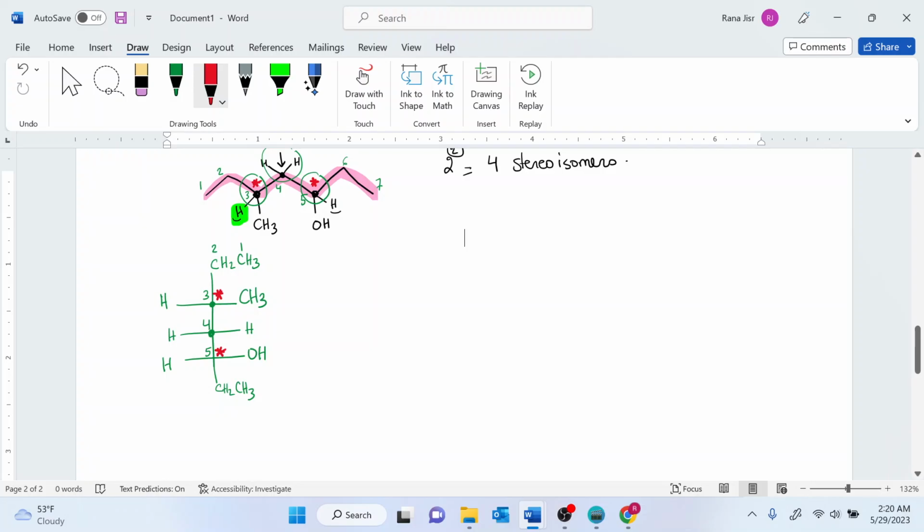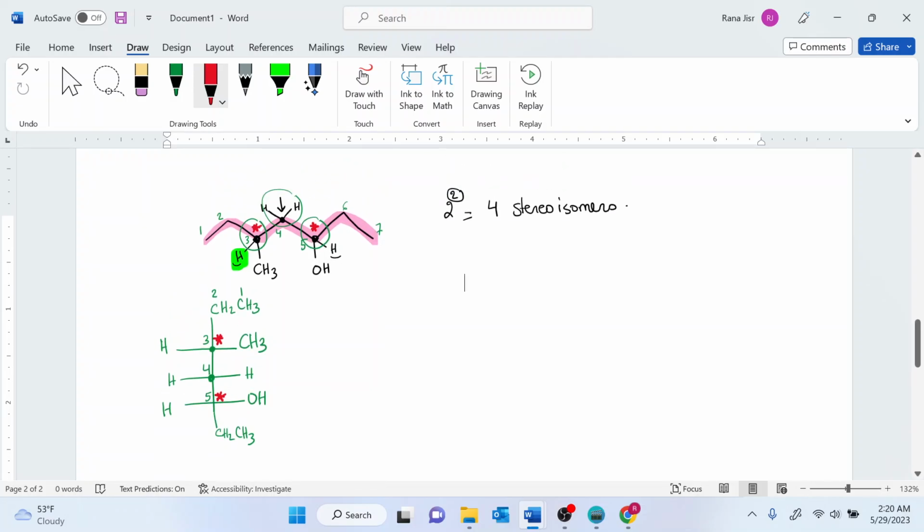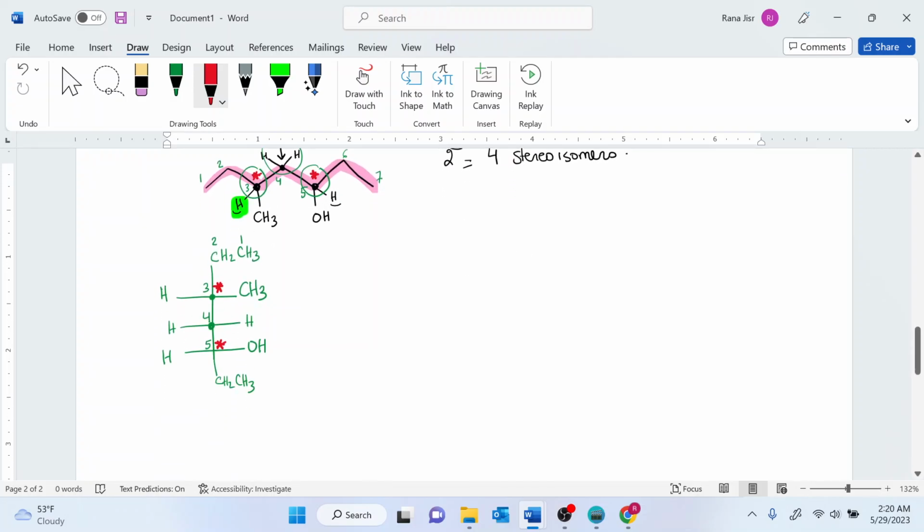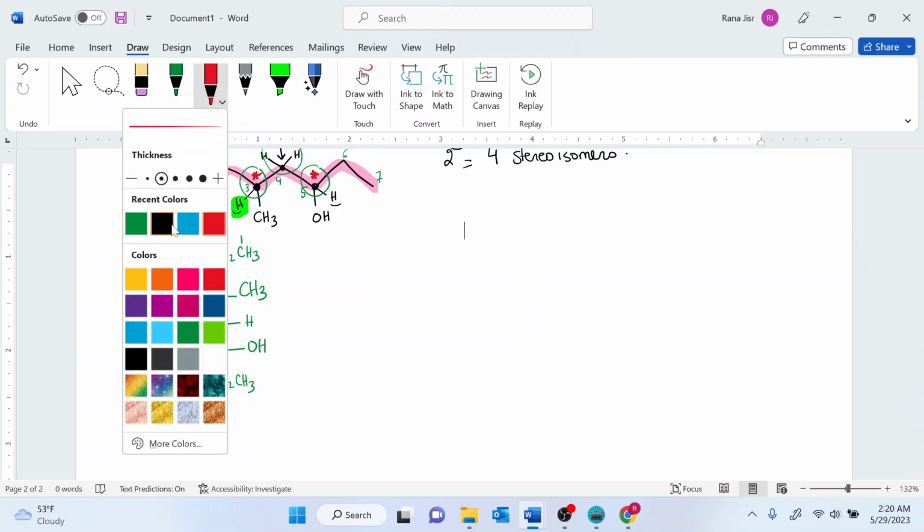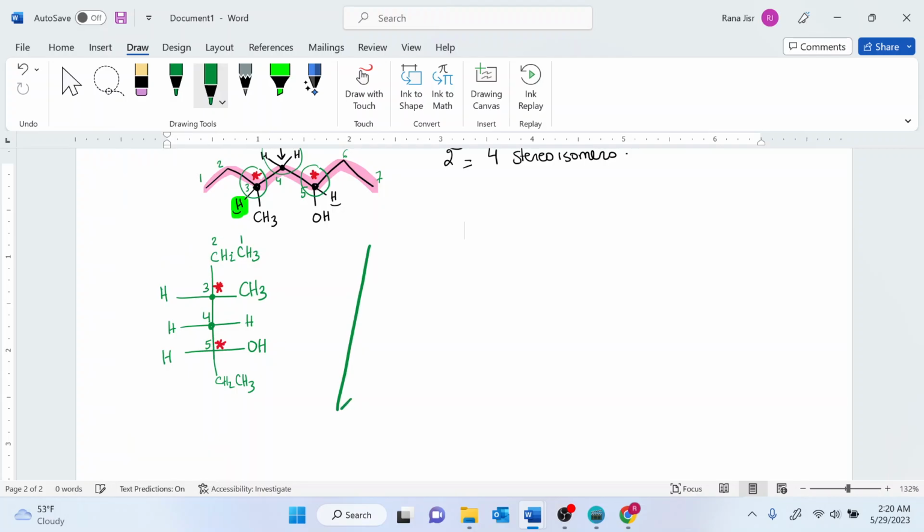Now, this is going to be the first stereoisomer, and I still have 3 more. So to get the second one, do the mirror image. So we're going to go ahead and do a mirror here, and then draw the mirror image of the molecule. Whenever you want to draw the mirror image of a Fischer projection, you keep the vertical line the same.